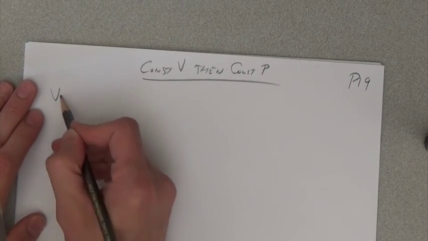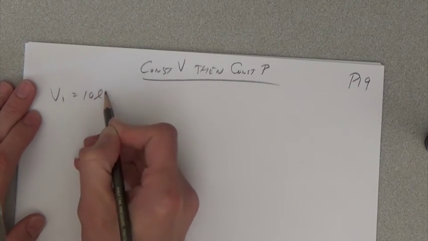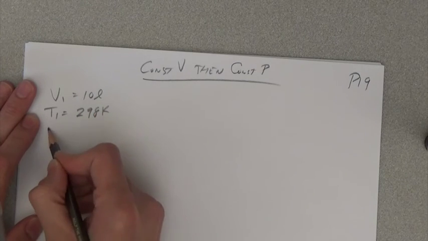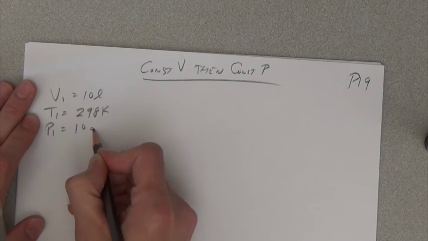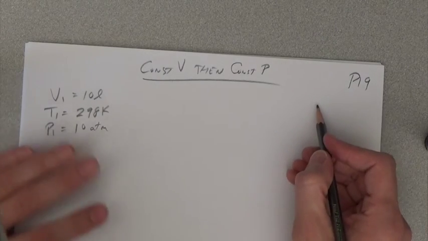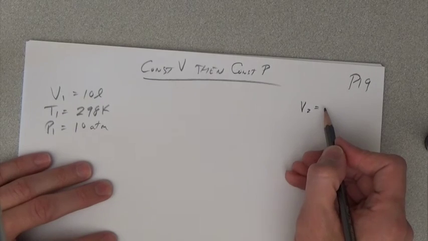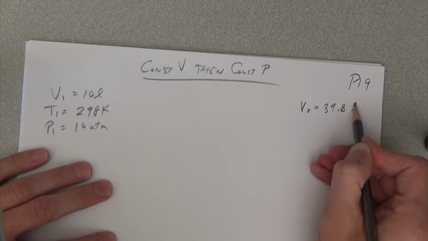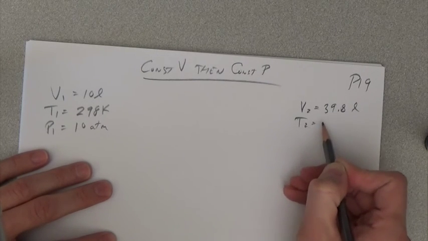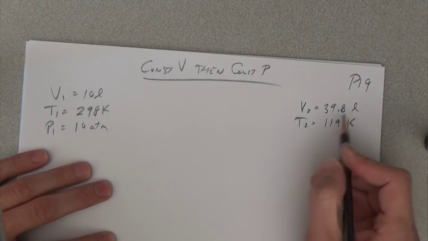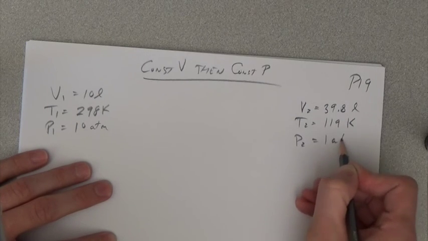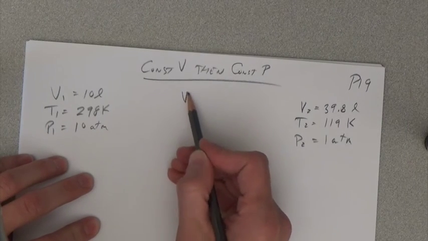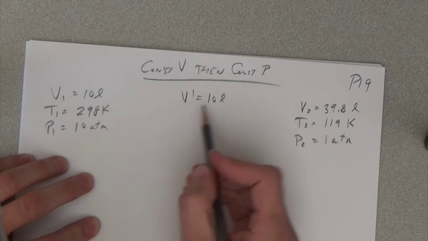So V1 equals 10 liters, T1 equals 298 K, P1 equals 10 atm, going to V2 is equal to 39.8 liters, T2 is equal to 119 K, P2 equals 1 atm. Constant volume means that V prime is equal to 10 liters.